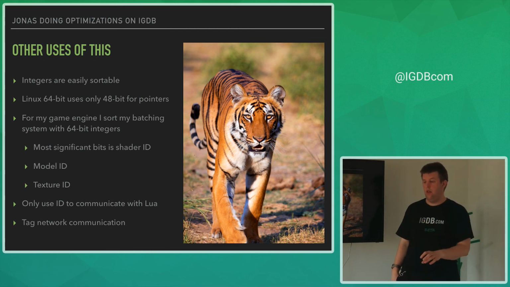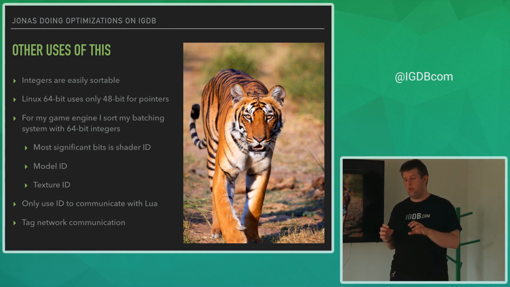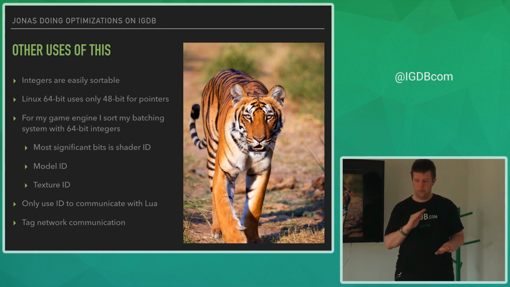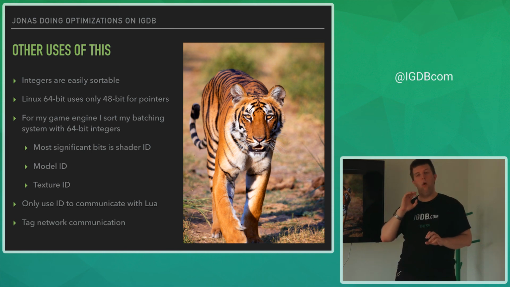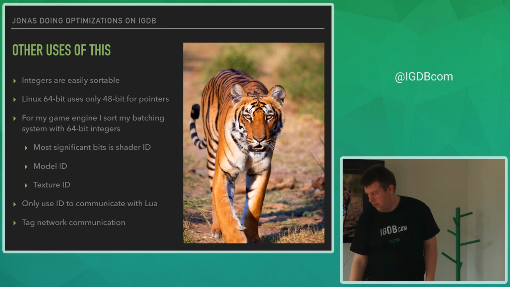The most significant bits are the shader ID, which is much harder to change than the model and texture IDs. I also only use IDs to communicate with Lua, for my scripting and so on. Also tagging network communications. Integers move very easily through processors and the whole system without having to change that much.